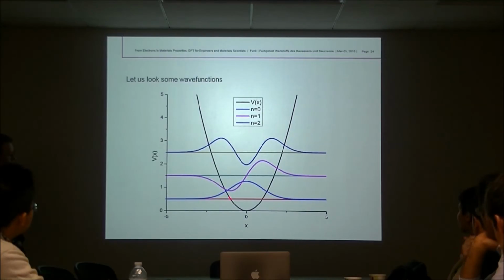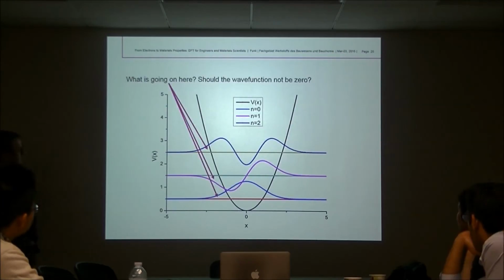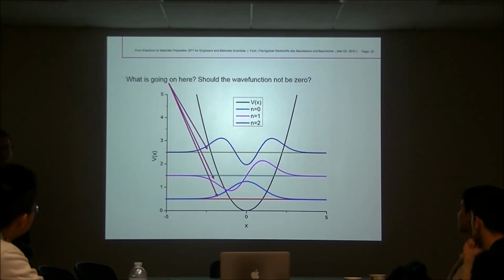Here, the wave function of n equals 0 should hit the potential and become 0. And it isn't, right? You see this? We have density where there should be none, outside the potential.